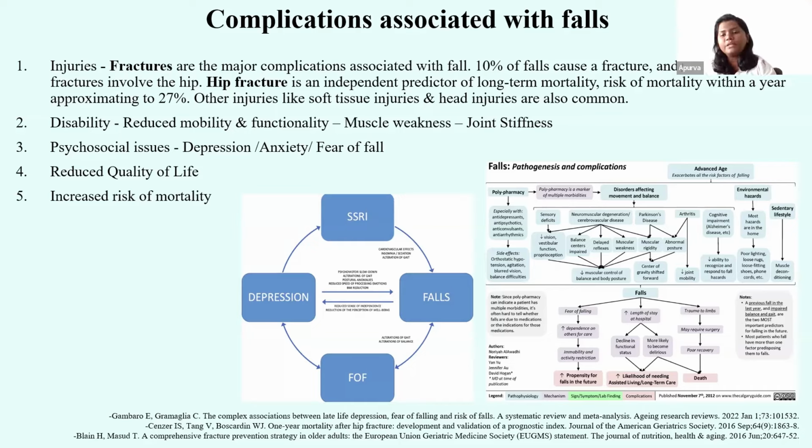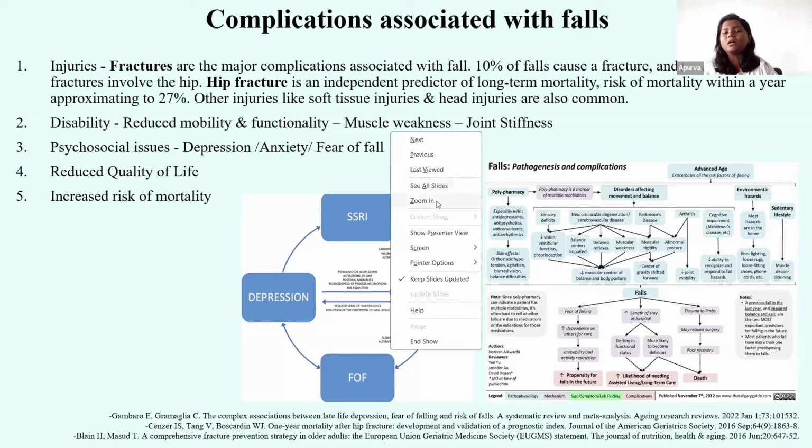What falls also lead to is a lot of reduced mobility and loss of function, which further leads to muscle weakness, joint stiffness, and the cycle continues. Falls also lead to a lot of dependency and psychological issues like depression, anxiety, and fear of fall. Patients will usually present with reduced quality of life and also have increased mortality.